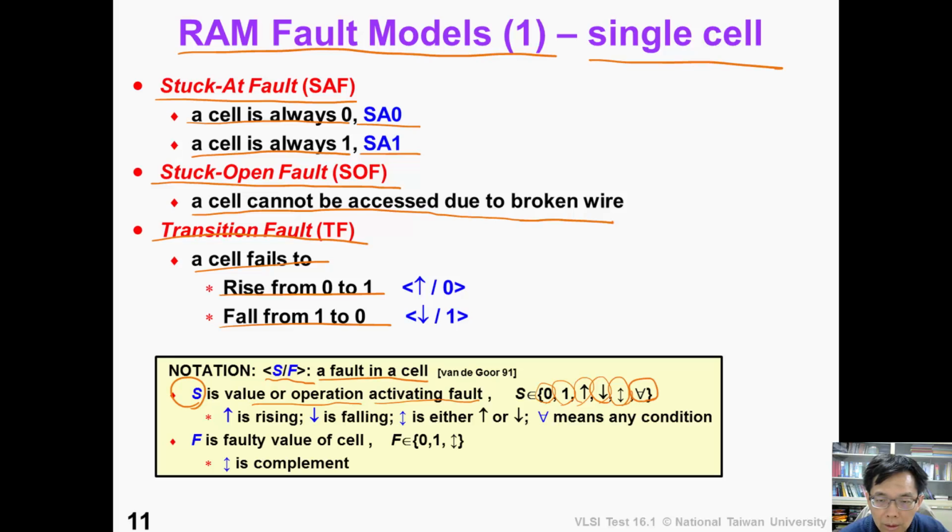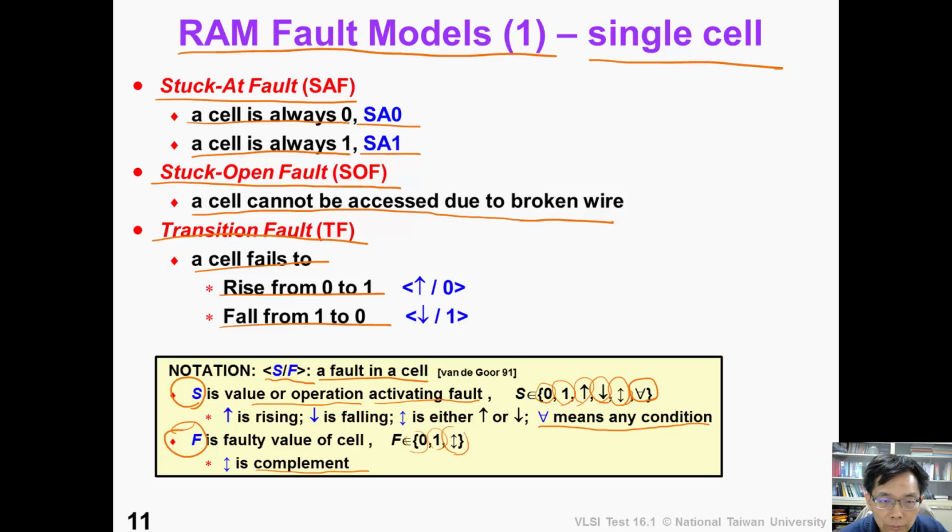And finally, an upside down letter A means any condition. For the faulty cell, F can be either static 0, static 1, or a double-sided arrow representing complementation.